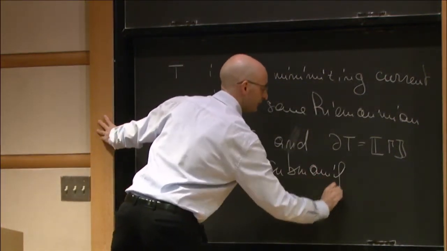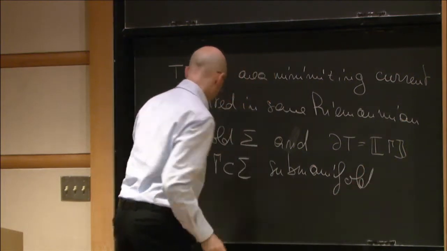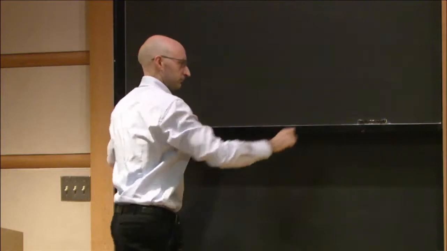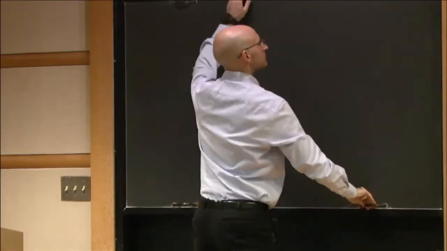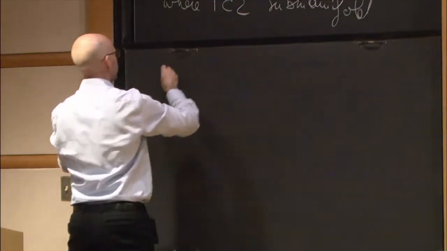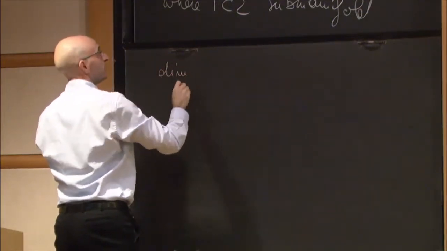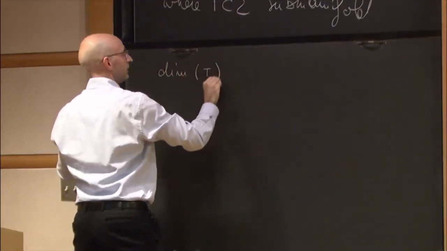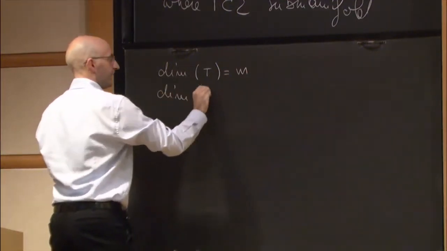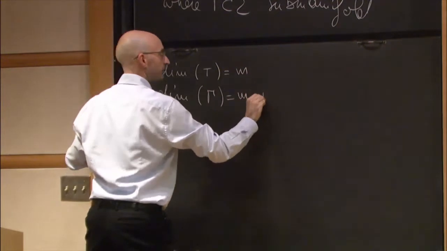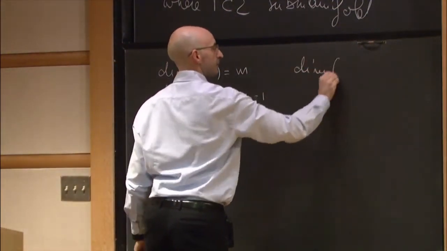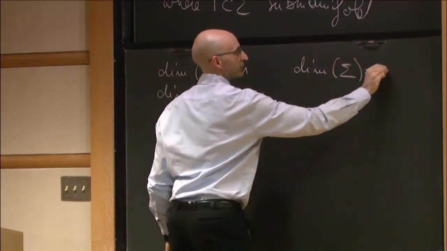And for people interested in details, let me first set the notation that the dimension of the current T is equal to m. So the dimension of the boundary gamma is equal to m minus 1. And the dimension of sigma is equal to m plus n.